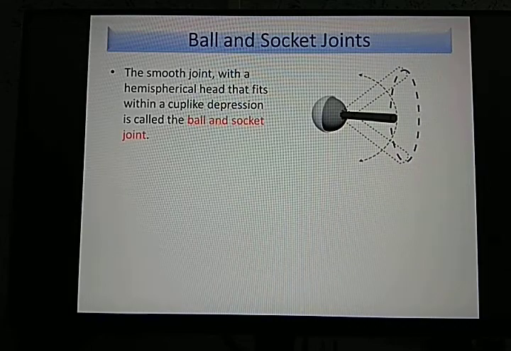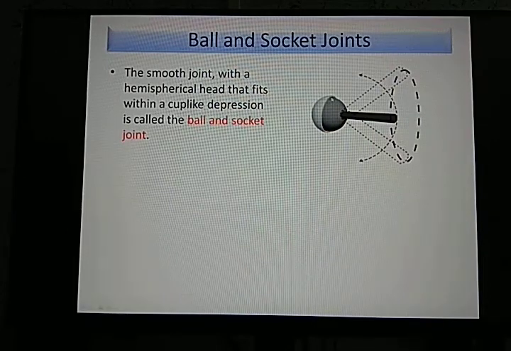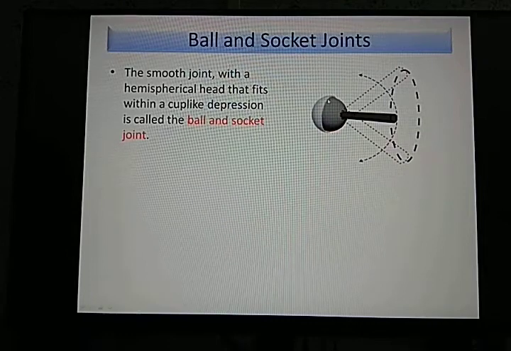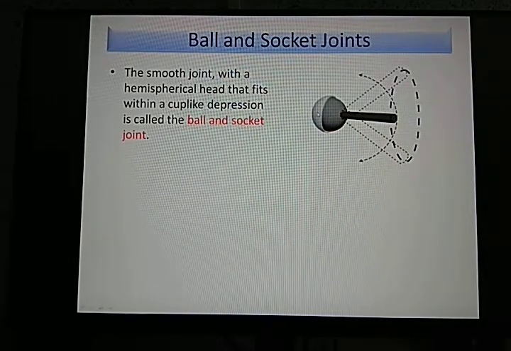It is actually a smooth joint with a hemispherical head. Hemispherical head means this ball, although inside our body there is no ball. But if you consider this as a bone and this as another bone, then this hemispherical bone fits within a cavity in the other bone. Cavity means a hole-like structure.